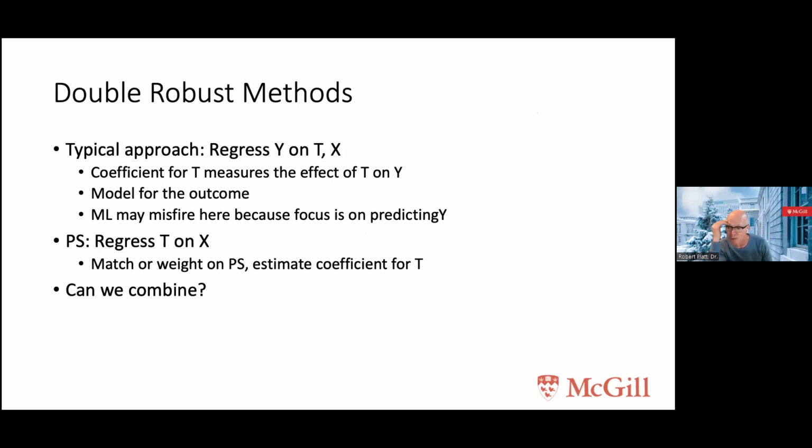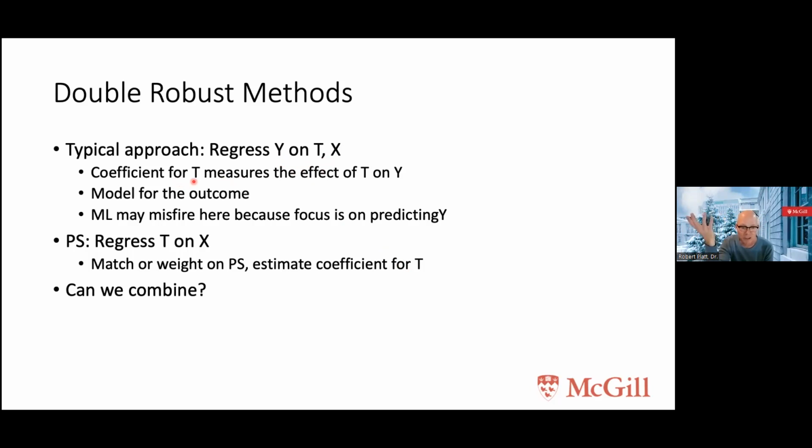And here I'm going to have to go very briefly, just because of time, I think I'm coming close to the end and I want to leave a few minutes for questions, but I'll give just the highlights of this. What was typically done in epidemiology for the last 50 years was we regress the outcome on our treatment and our covariates, and our coefficient for T measures the effect of T on Y. This is a model for the outcome.